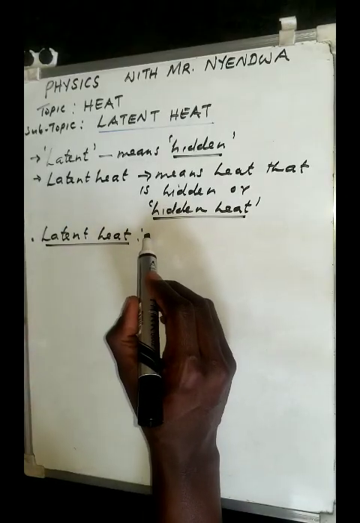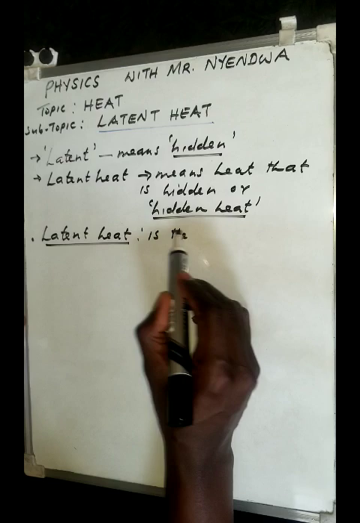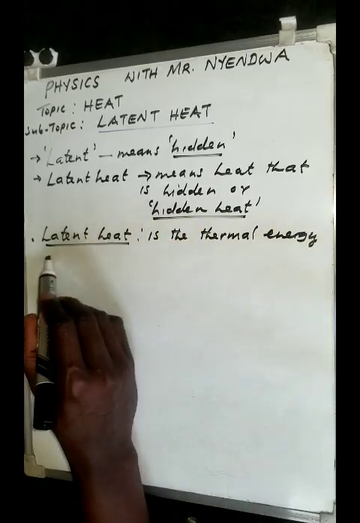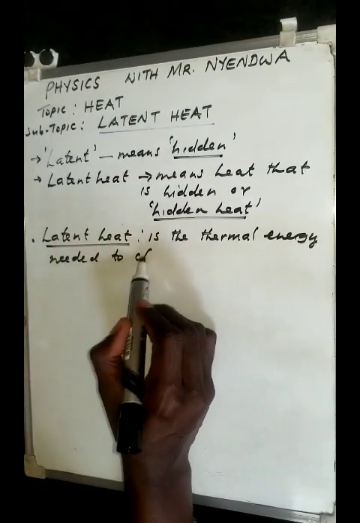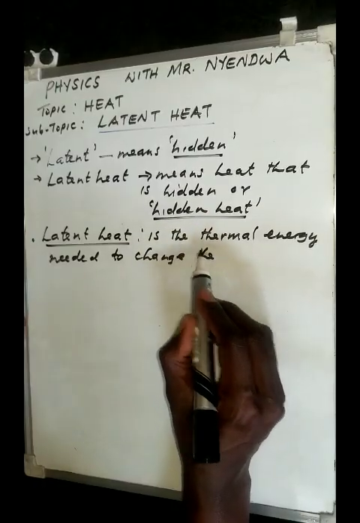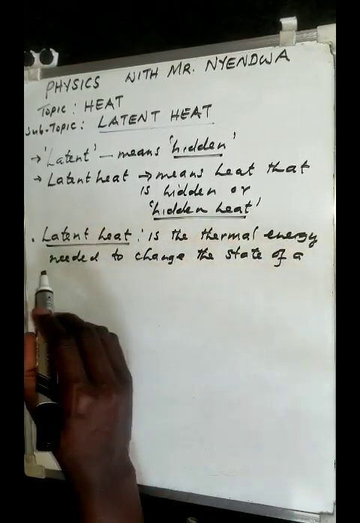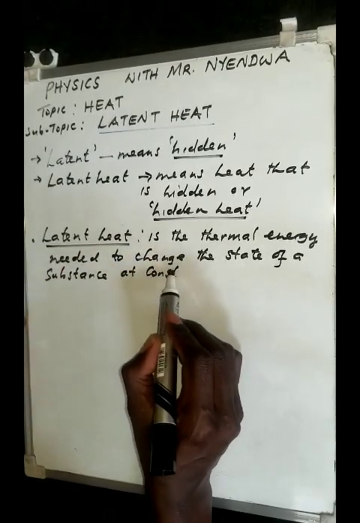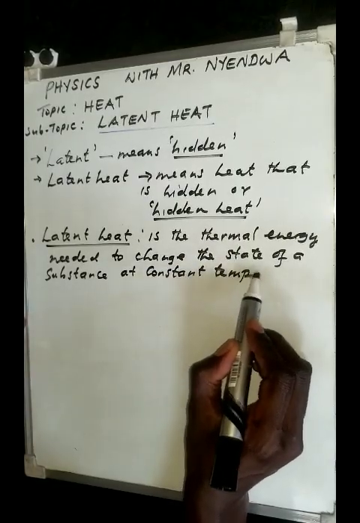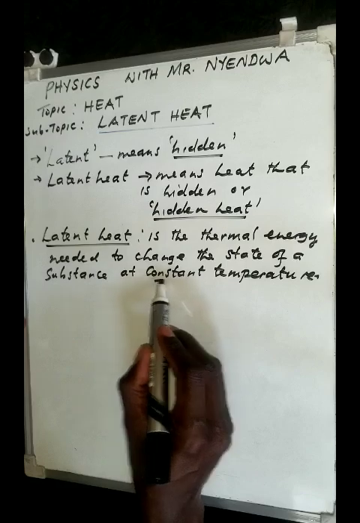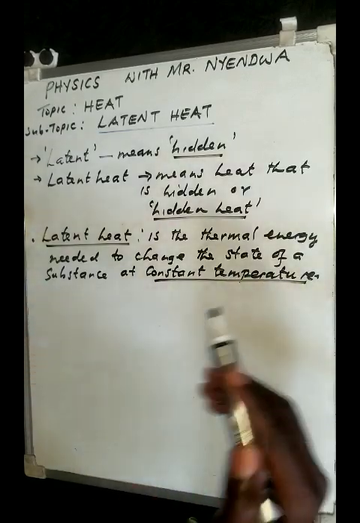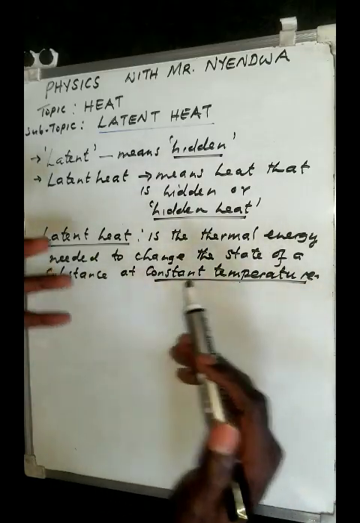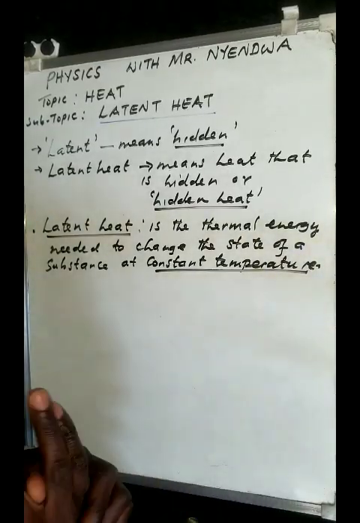So we can just say it is the thermal energy needed to change the state of a substance at constant temperature. That is what we simply call latent heat.